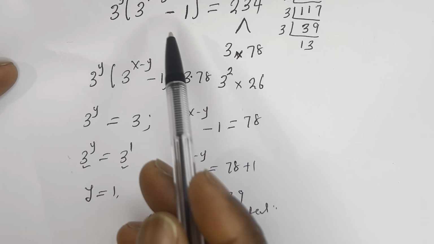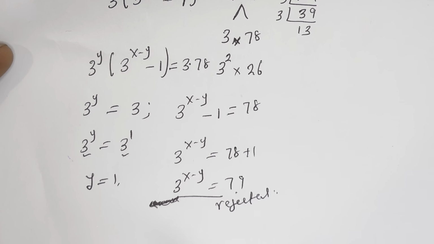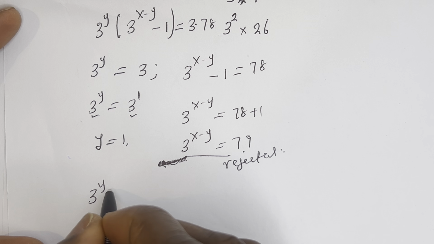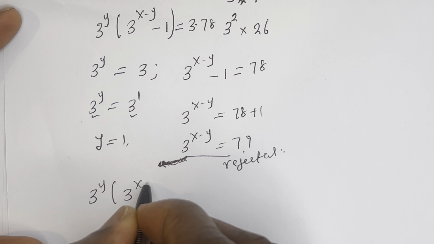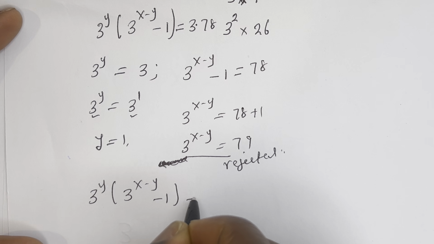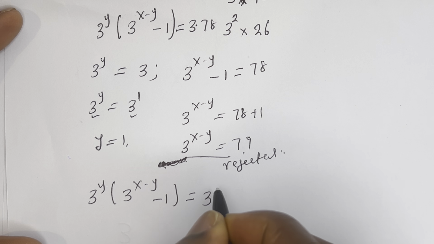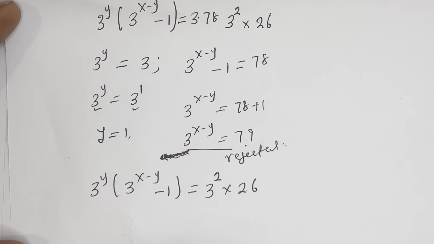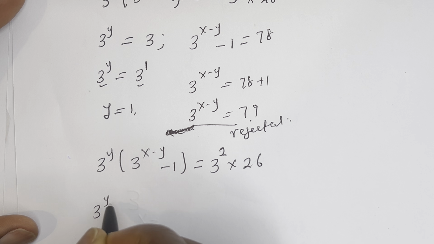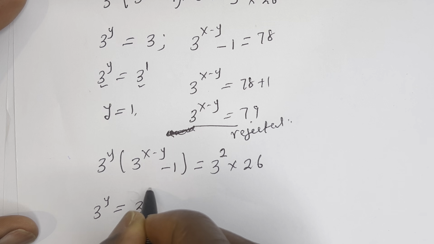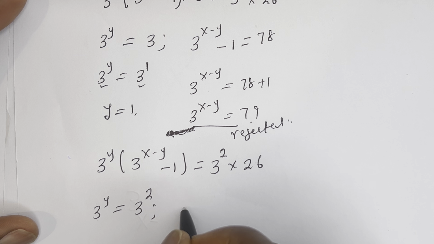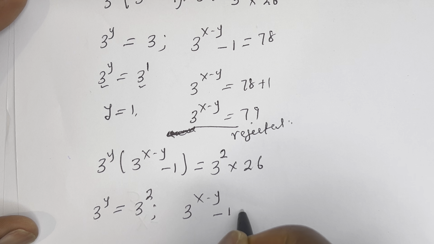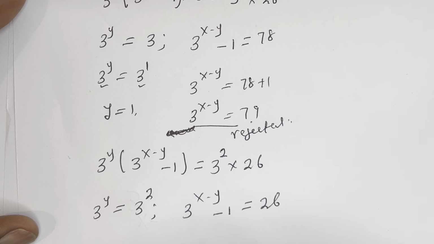Now let's consider the second case here, which is 3 to the power of y, bracket 3 to the power of x minus y minus 1, is equal to 3 squared multiplied by 26. Then 3 to the power of y is equal to 3 squared, and 3 to the power of x minus y minus 1 is equal to 26.